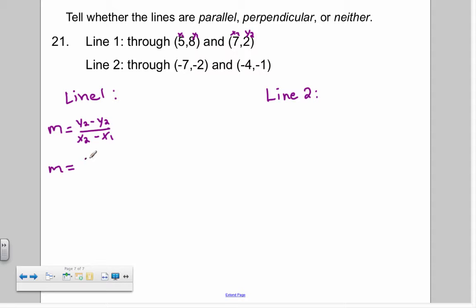My y2 is 2. Subtract my y1, which is 8. My x2 is 7. My x1 is 5. Here I have 2 minus 8, that's negative 6. 7 minus 5, that's 2. And this can actually be simplified. Negative 6 over 2, well, that's just negative 3.